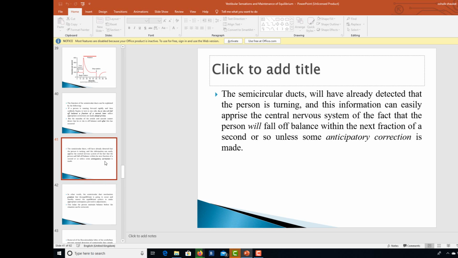The semicircular ducts will have already detected that the person is turning, and this information can easily apprise the central nervous system of the fact that the person will fall off balance within the next fraction of a second or so unless some anticipatory correction is made.